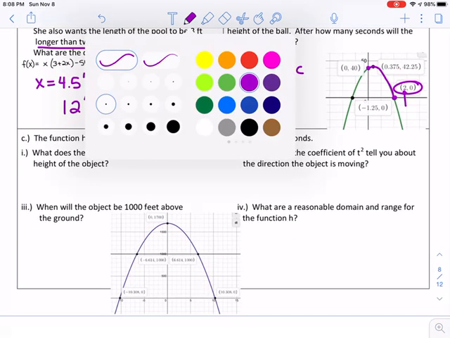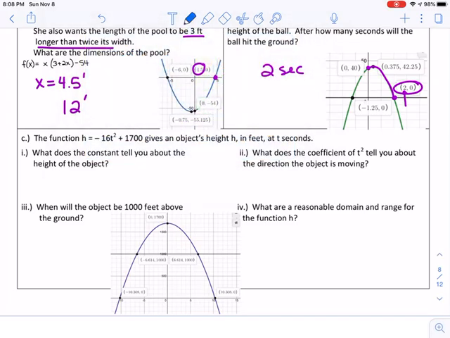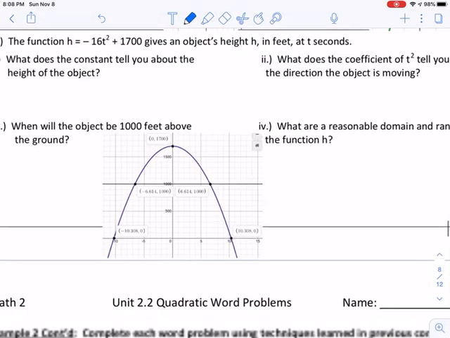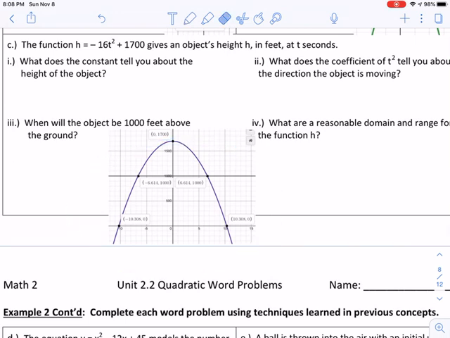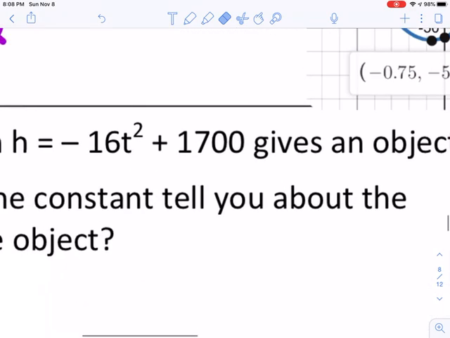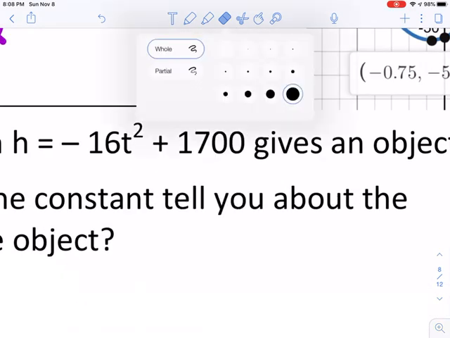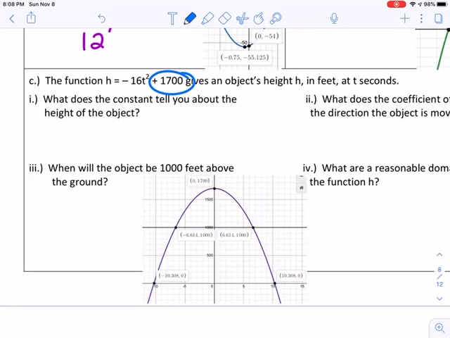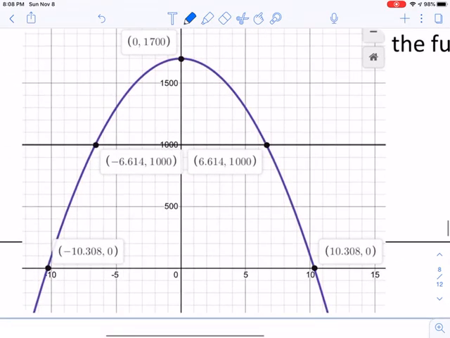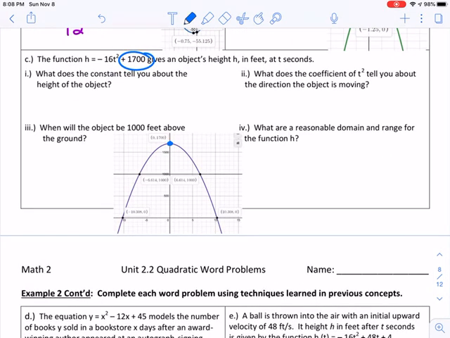C. The function h gives an object's height in feet at t seconds. And here is that graph for you. What does the constant tell you about the height of the object? Okay, remember, here's our constant. And if you look at your graph, where does 1700 show up? Right there, the y-intercept.